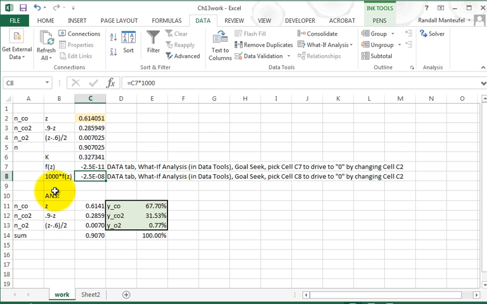So then I came down here and just copied and pasted and said, well, if Z is this value right here, which I can even go back and grab from Excel, then the final answer for this and the final answer for that, the total number of moles, and then I could calculate the mole fractions. The mole fraction is equal to the amount of CO divided by the total amount, and that gives you the same number.